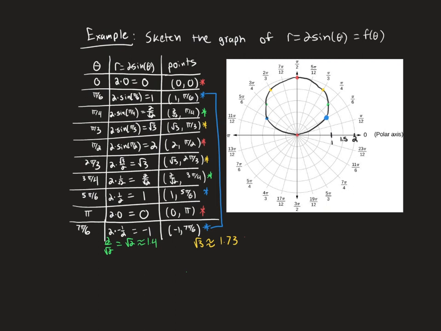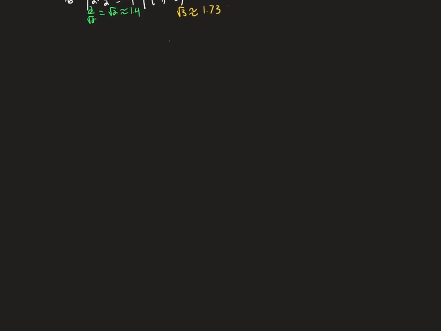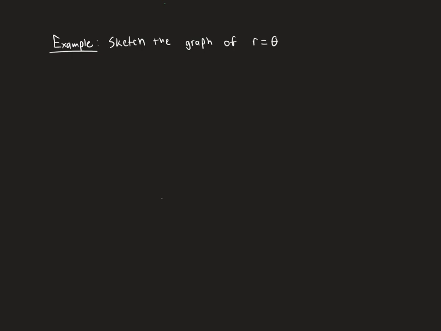All right, let's do another example. Let's sketch the graph of r equals theta. Okay, so the radius equals the angle.